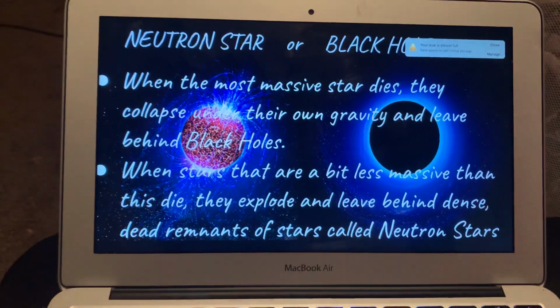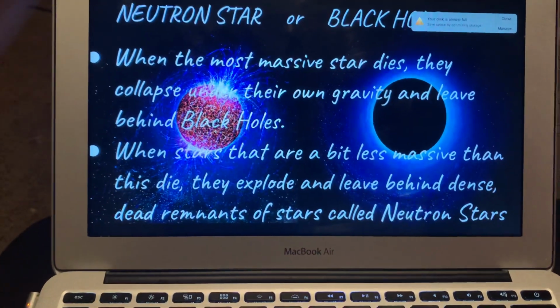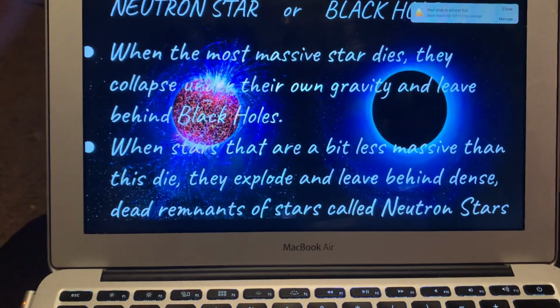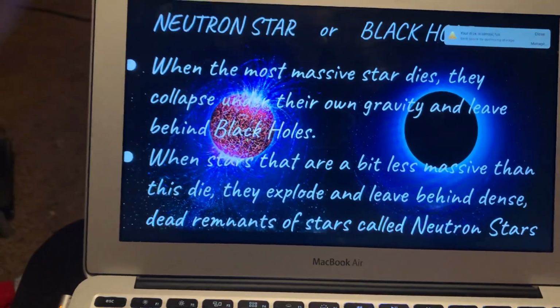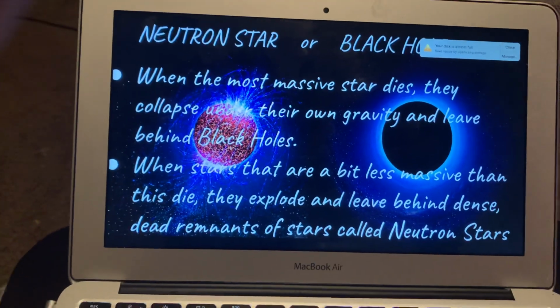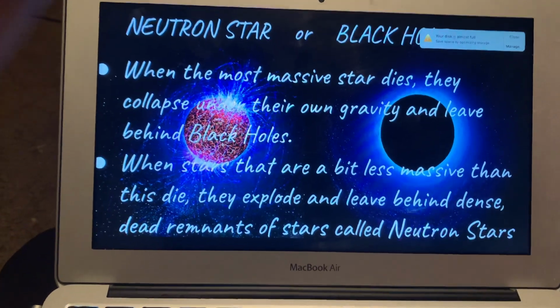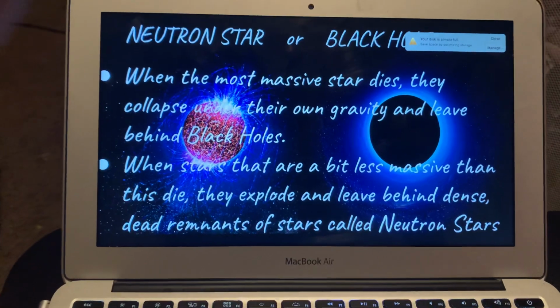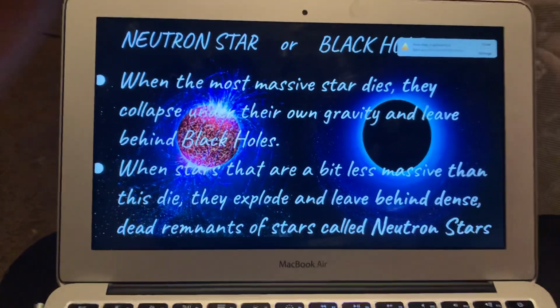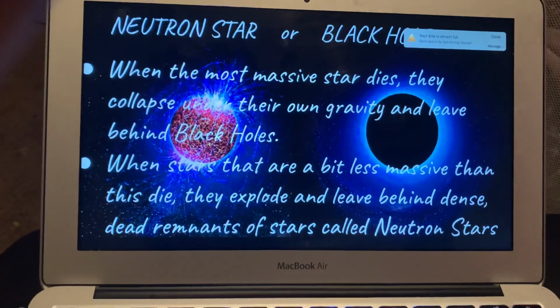When stars that are a bit less massive than this die, they explode and leave behind dense, dead remnants of stars called neutron stars. So, basically, you could say that they're both the same as far as ending in the results. They both die. It's the last stage of a star, just 2 different ways.